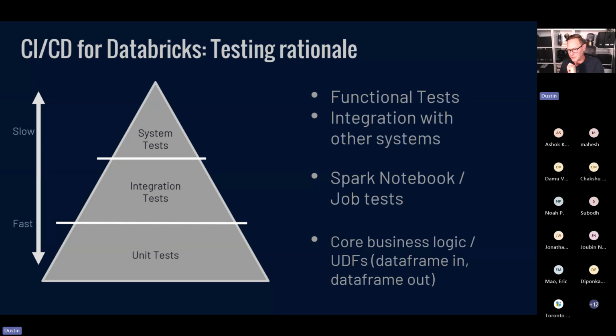We might even use autoloader a little bit on a sample data set instead of my real production data set, those types of things. So system tests are really important when it comes to confirming that staging is working well. And oftentimes I'll also run them on production if I can safely run them and keep them from interfering with any real workloads.